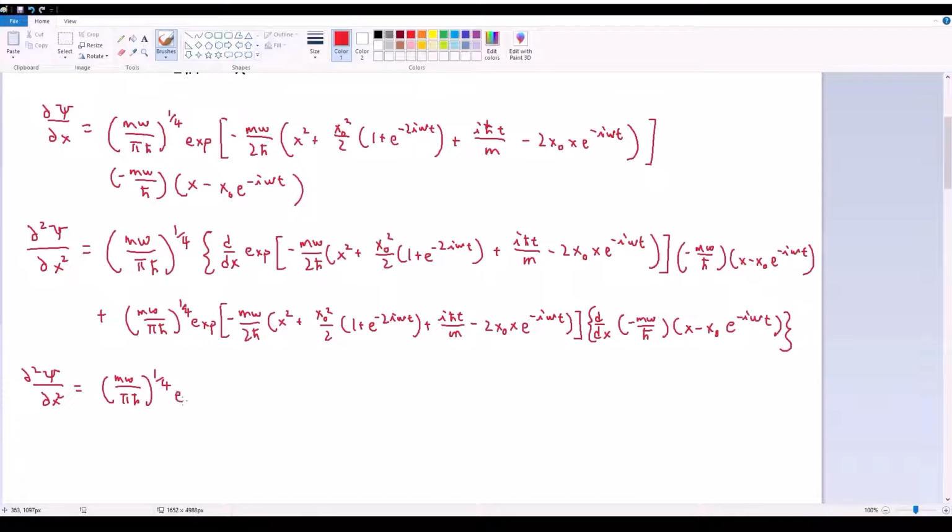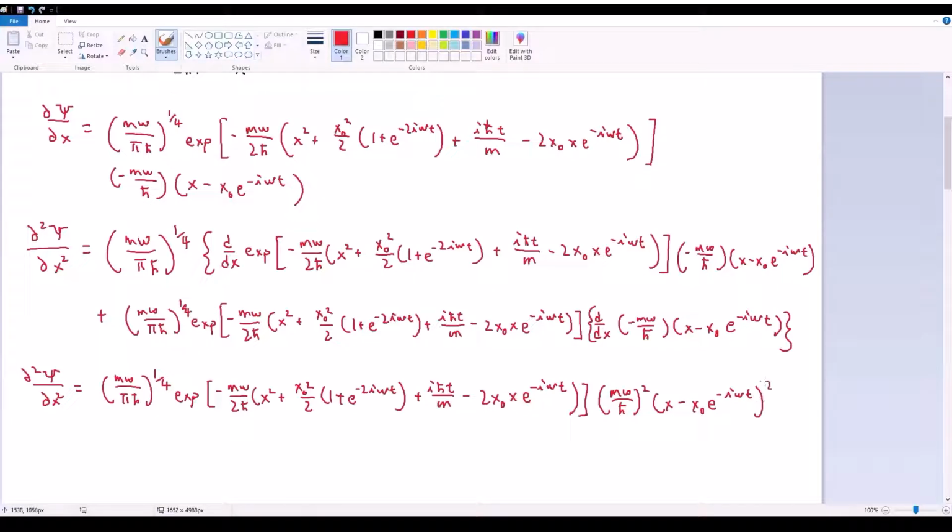So we have the exponential of −(mω/2ħ)(x² + x₀²/2 (1 + e^(−2iωt)) + iħt/m − 2x₀ x e^(−iωt)). Close off the exponential, and then we have (mω/ħ)² now times (x − x₀ e^(−iωt)) this time squared.